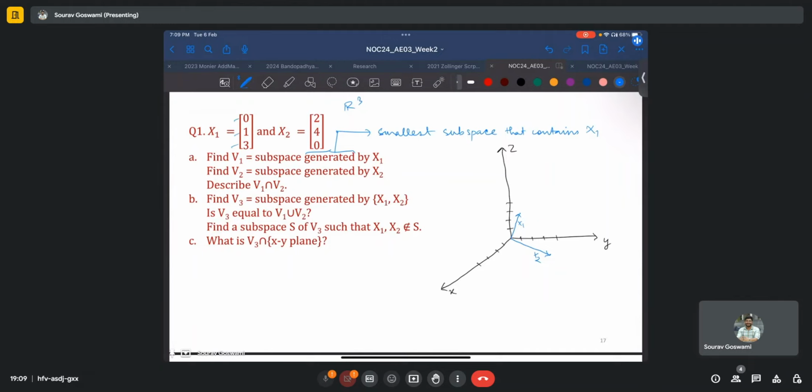Now we have to find firstly the subspace generated by x1. Just to revise the properties of subspaces, the two important properties are: first, any linear combination of two vectors of the subspace must in turn lie in the same space.